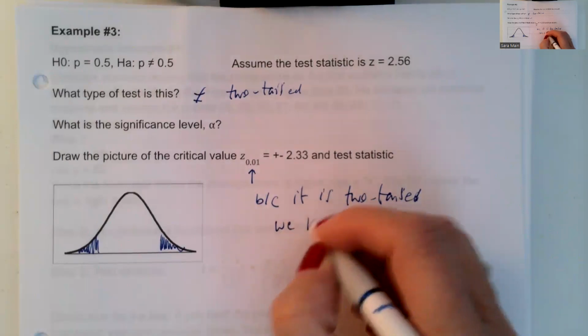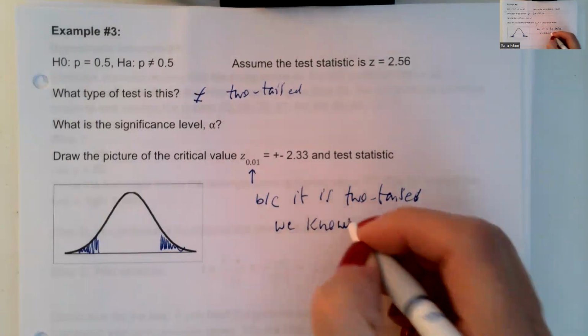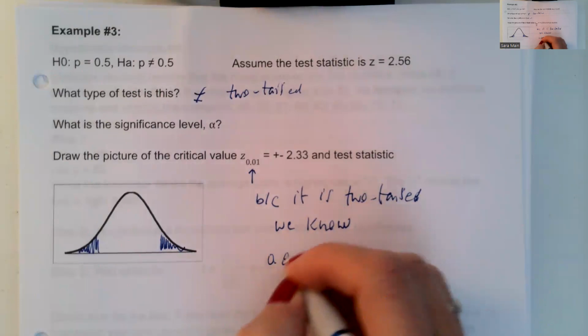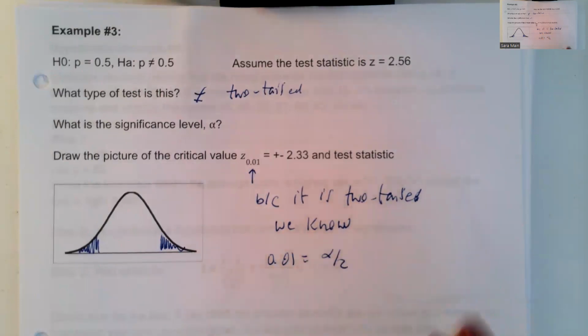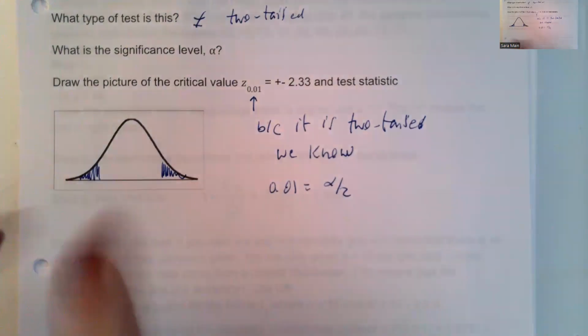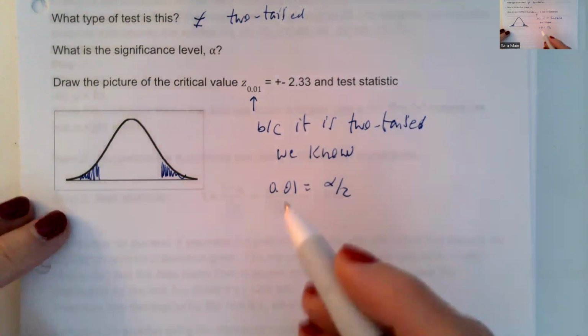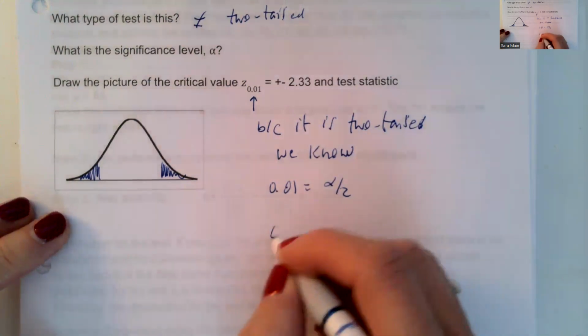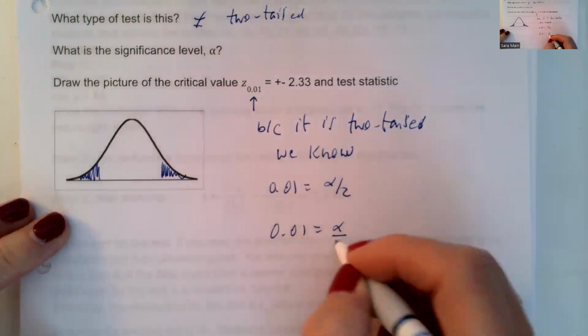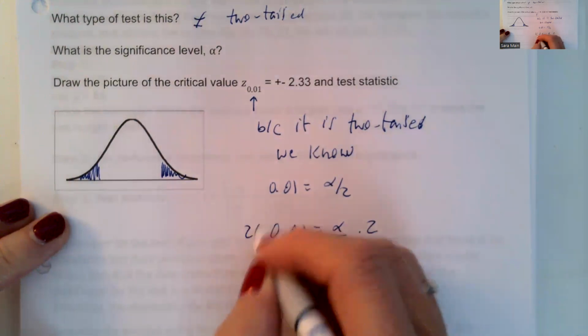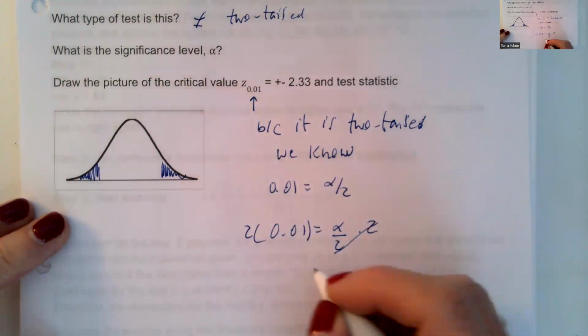Then we know that 0.01 is equal to alpha divided by 2. We've already divided it by 2 because on a two-tailed test, the alpha is split into 2 sides, kind of like the confidence interval. So to find out what alpha is, if I multiply both sides by 2, I can find alpha.